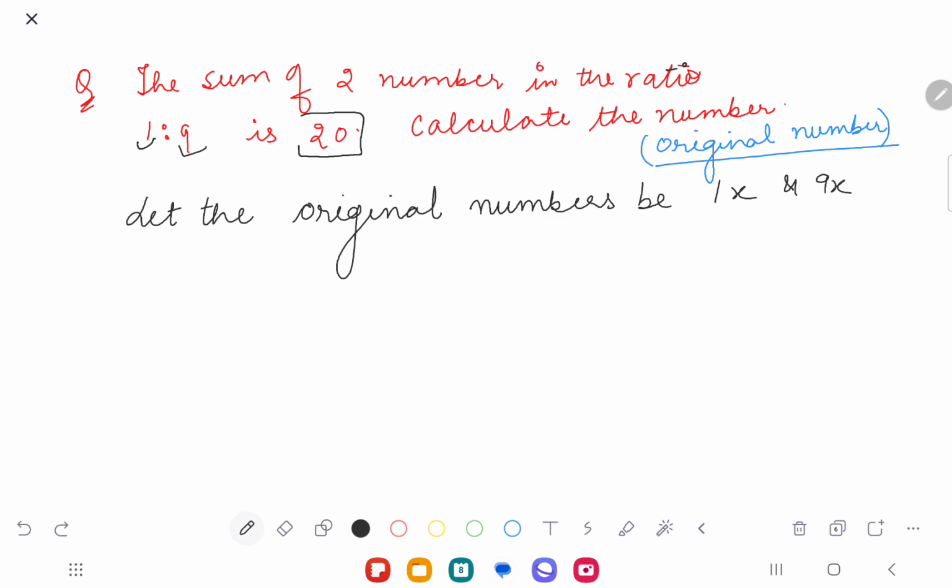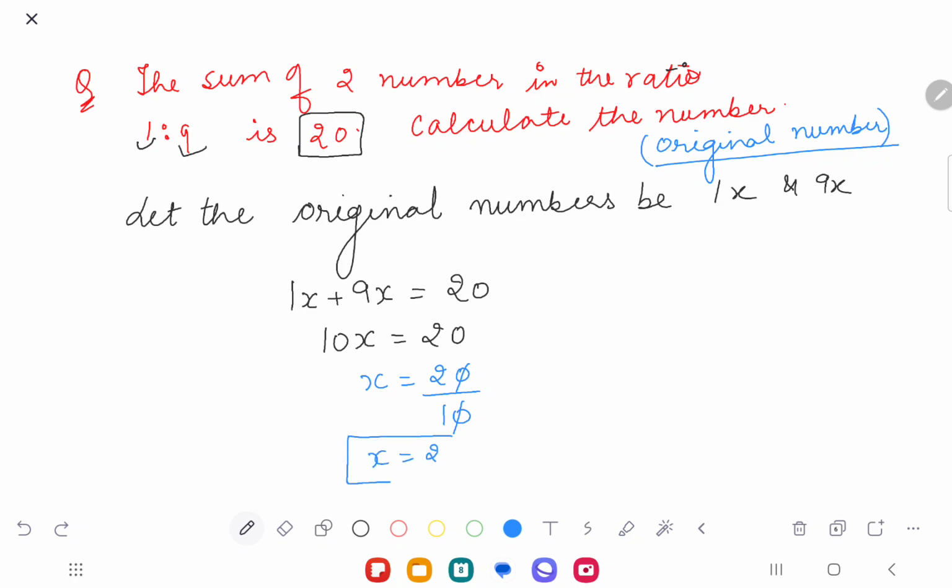And their sum is 20. That means 1x plus 9x shall be 20. So 10x shall be 20. So x shall be 2. So 2 times 1 is 2, and 9 times 2 is 18.